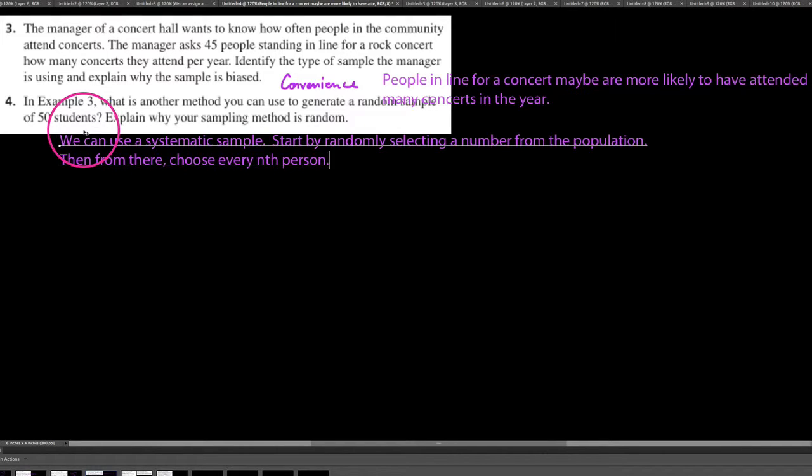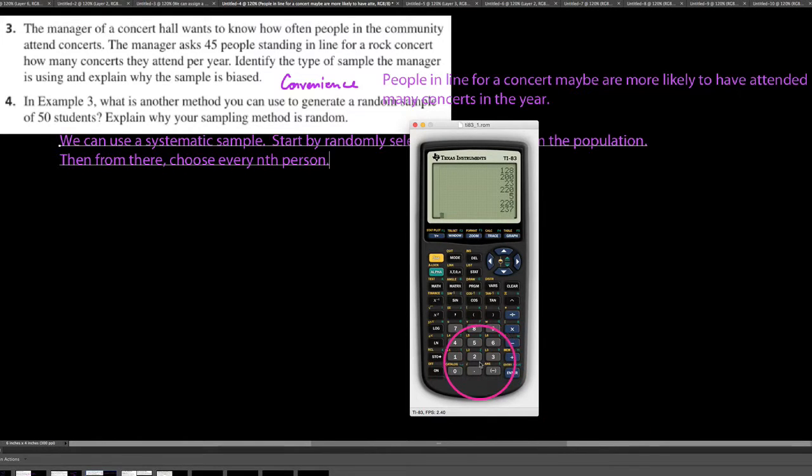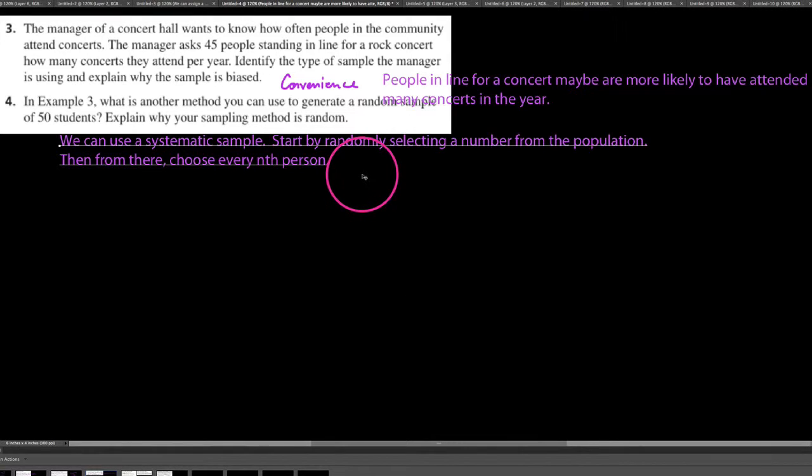We could figure out this nth person by saying, with the calculator, we have 246 students. If we were to split that up into 50 equal-size groups, divided by 50, there'd be about 4 students in every group. And so to be somewhat inaccurate here, we could say choose every 4th person or every 5th person, and we would get a good idea.